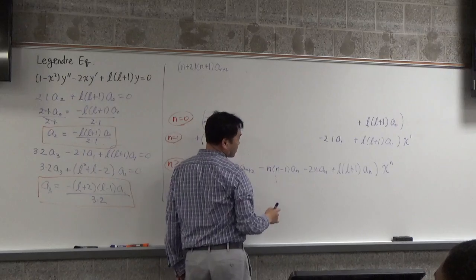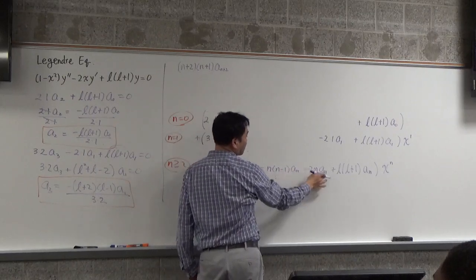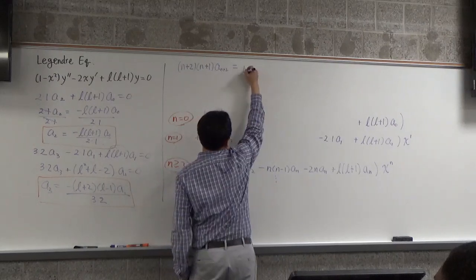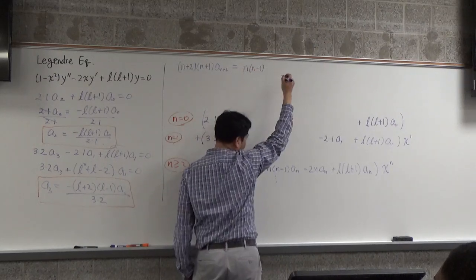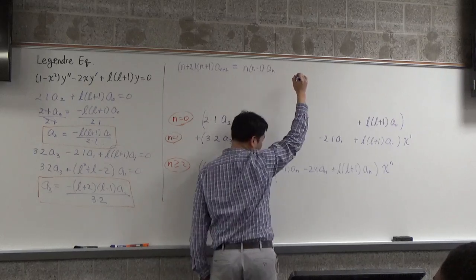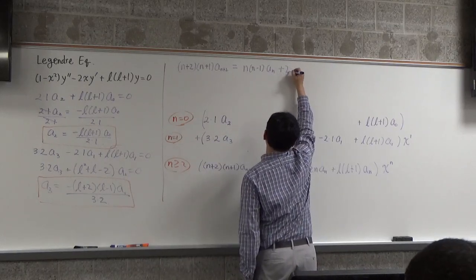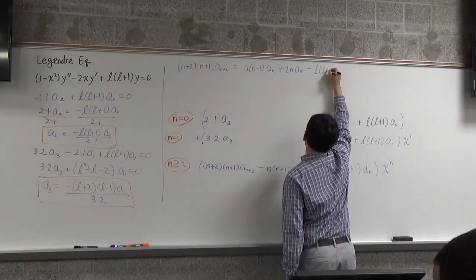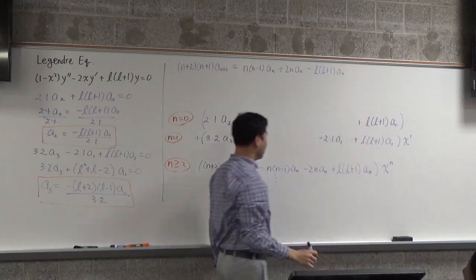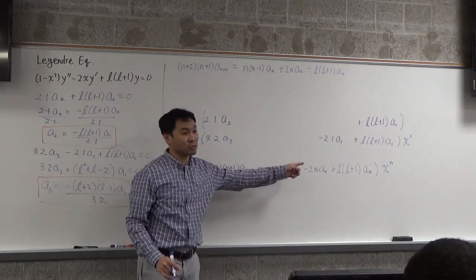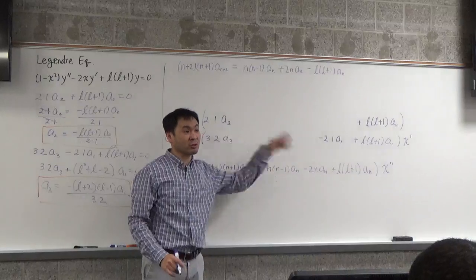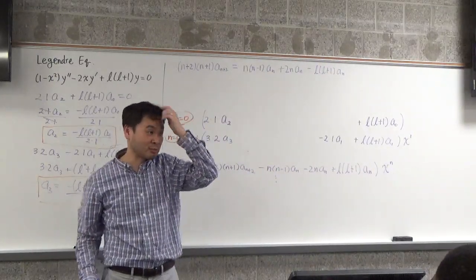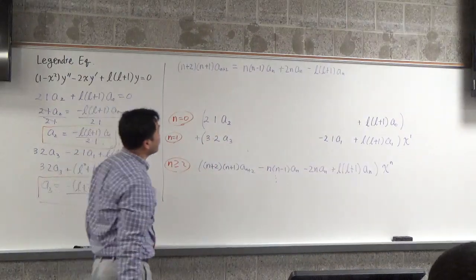And then let's move all these functions to the other side so that it's n times n minus 1 a_n plus 2n a_n minus l times l plus 1 a_n. See, I need to set this equal to 0, but I moved all these terms to the other side. When you move terms to the other side, the sign changes from negative to positive and positive to negative, right? So that's what I did.